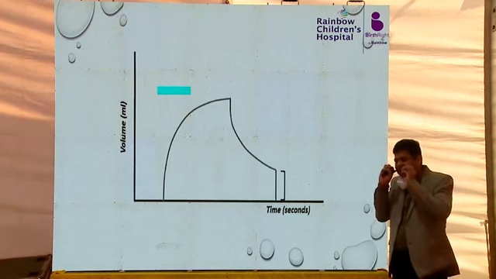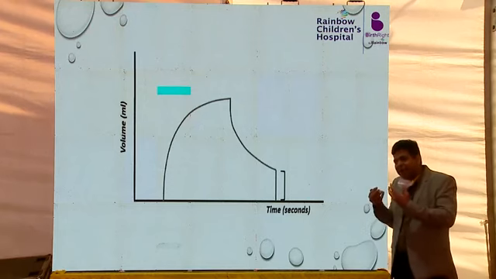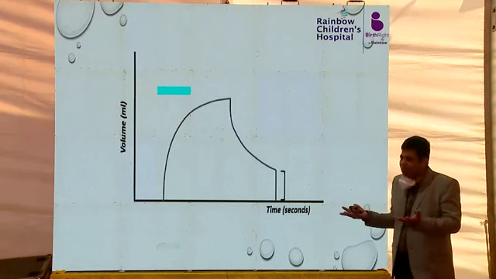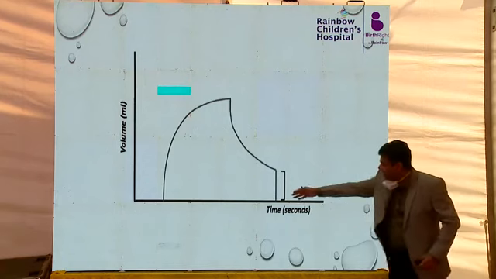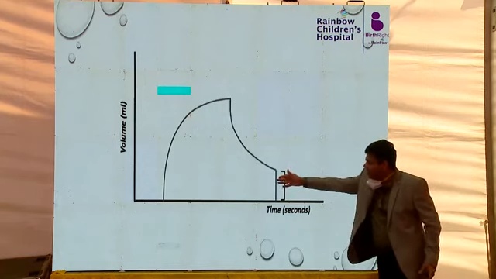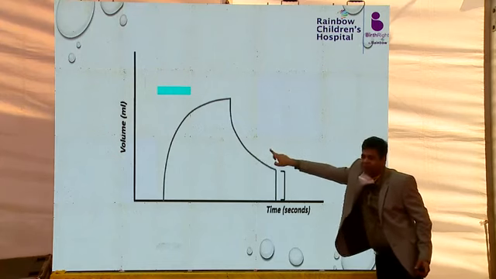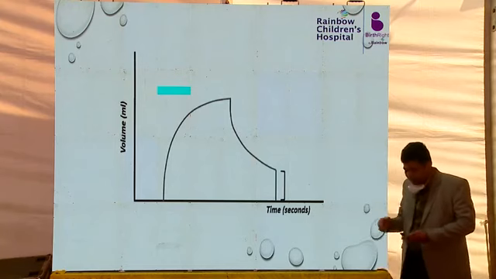Whatever is coming out is lesser than what was going inside. So where has the remaining gone? It has gone into the peritubal leak. So if the leak increases, suppose this is 20%, if the leak is 30-40%, this line will come here only. If the leak is 100%, then it is not coming back. We will show you.